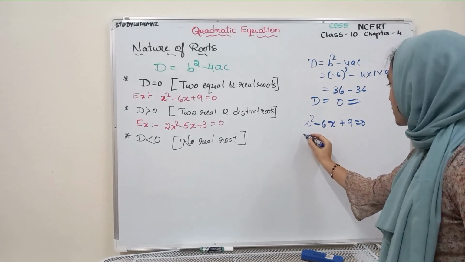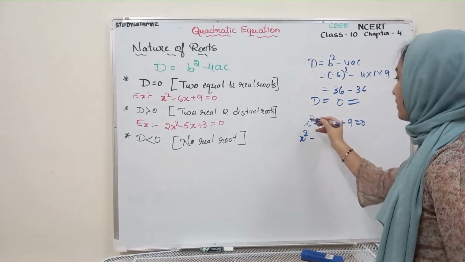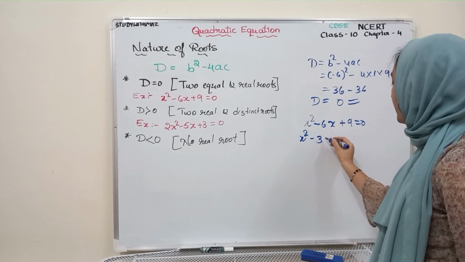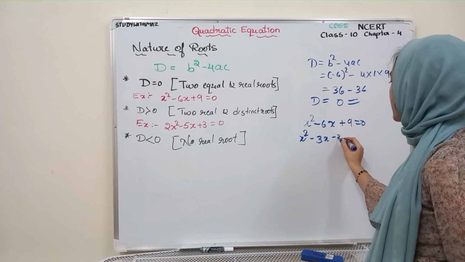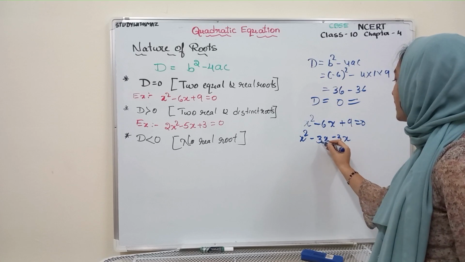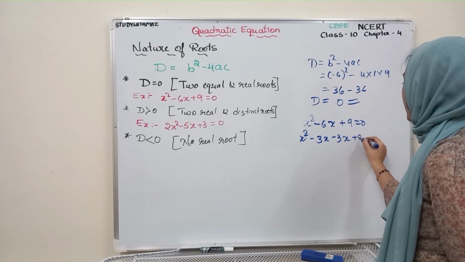Let us see. I will split according to the middle term splitting method directly. 3 3s are 9, 3 plus 3 is 6. So I will split like minus 3x minus 3x, minus 3 into minus 3 is 9, so plus 9 equal to 0.